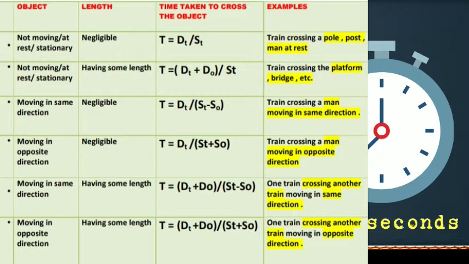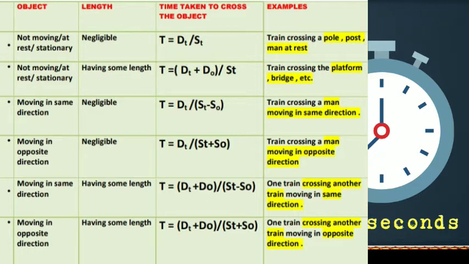Every trick arises from the basic concepts only, so it's really important to remember the basic concepts also. Now, based upon the train type questions, there are only 6 cases that are possible depending upon the object's motion and its length.